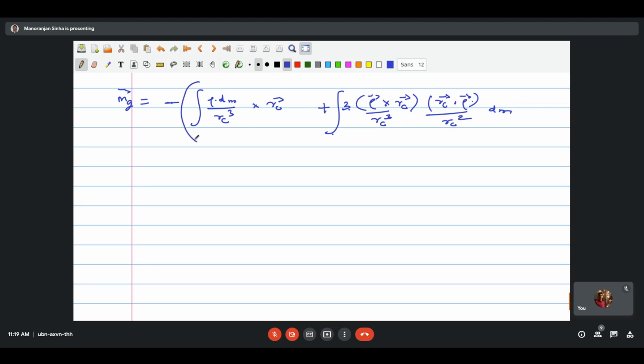By expanding the two terms, we get this. You can see this quantity is immediately 0 because the rho is measured from the center of mass, so this quantity becomes 0. That is the center of mass property. We are left with this term, and RC to the power 5 can be taken outside. And this is the whole thing that we need to work out to solve this problem.